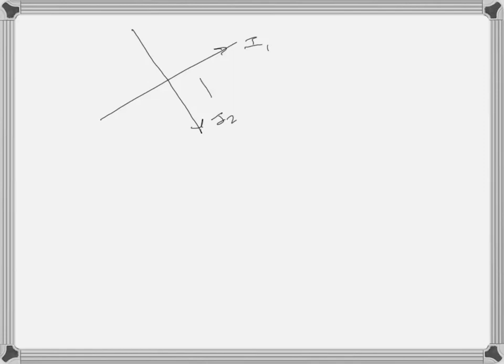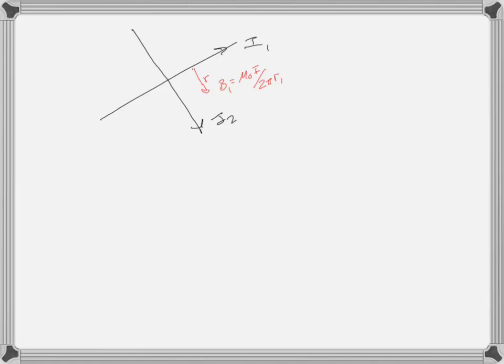Well, the magnetic field due to I1, whoops, let me draw it in a different color. If we want to know the magnetic force that I1 exerts on I2, we see that the magnetic field now varies along the wire I2. It gets smaller as R increases.